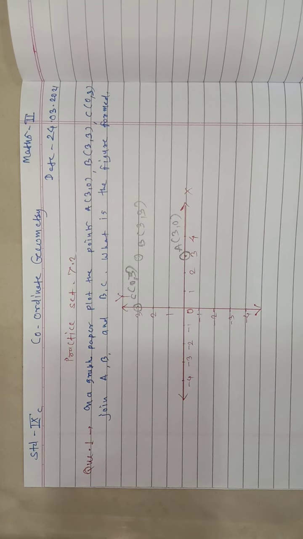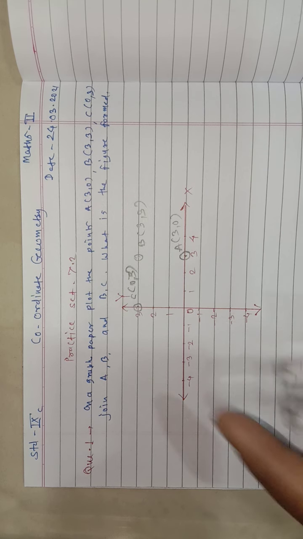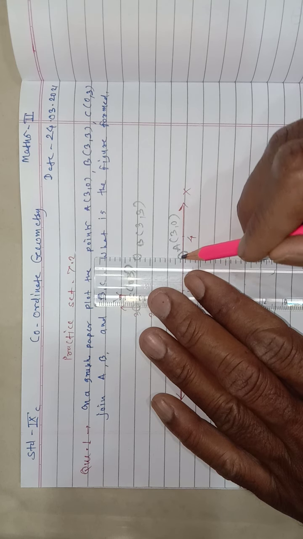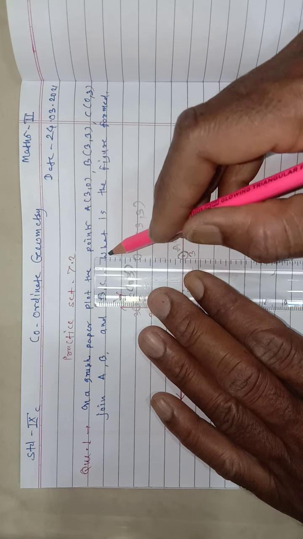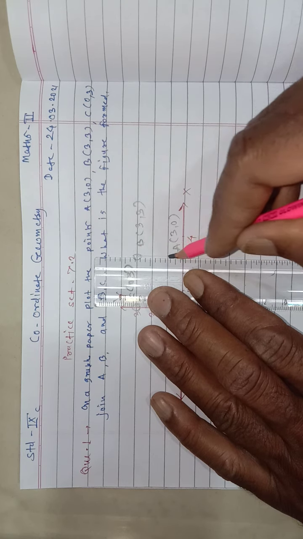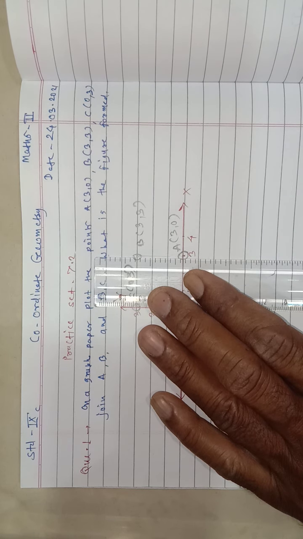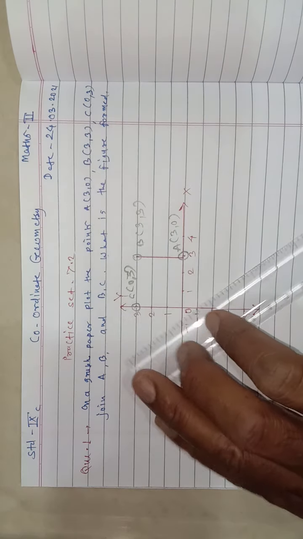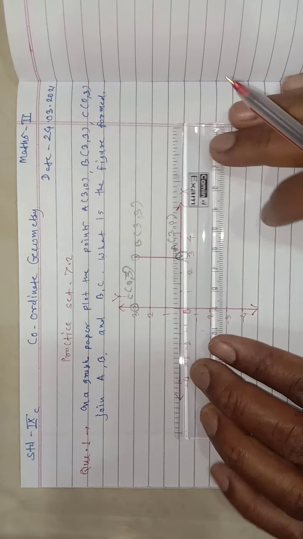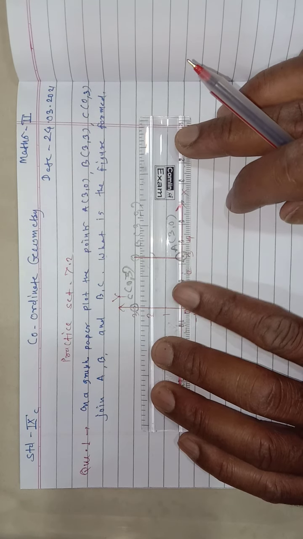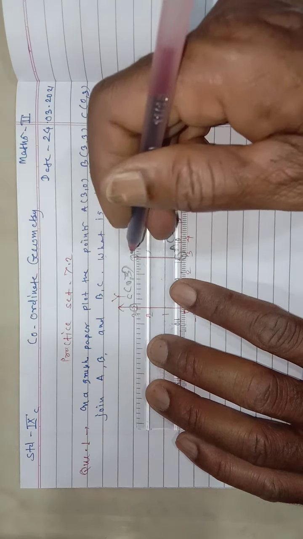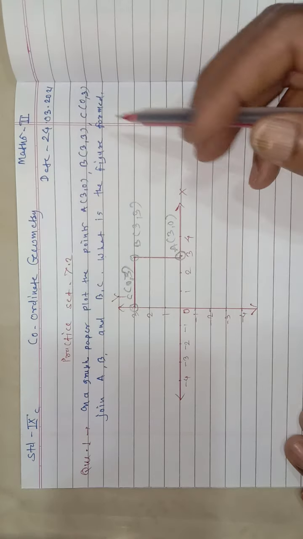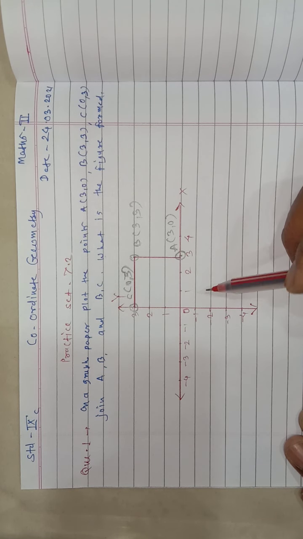Join A and B. This is point A and this is point B. And we also join the points B and C. What is the figure formed?